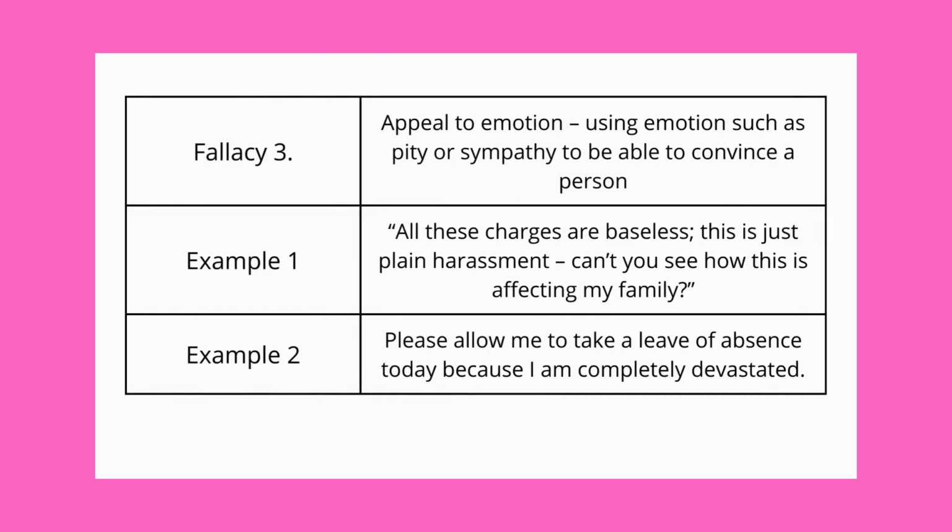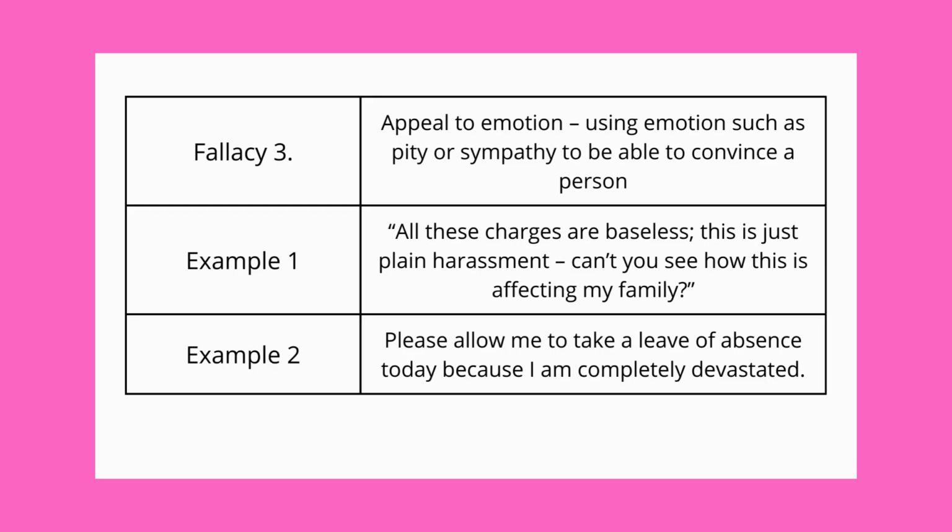Fallacy 3. Appeal to emotion. Using emotions such as pity or sympathy to be able to convince a person. Example 1. All these charges are baseless. This is just plain harassment. Can't you see how this is affecting my family? Example 2.